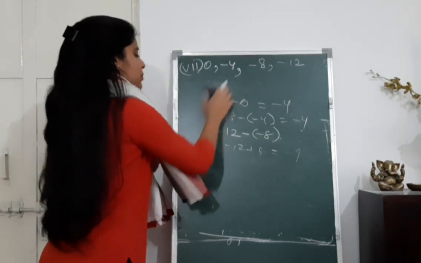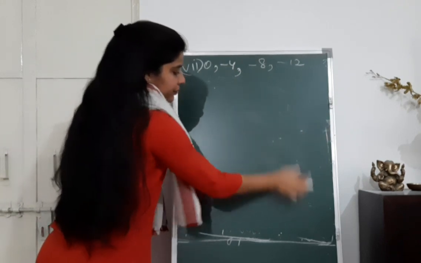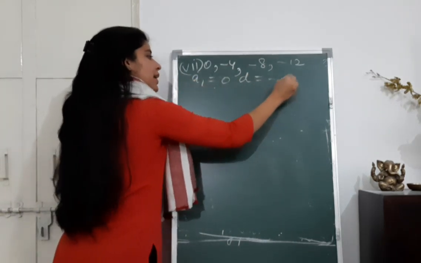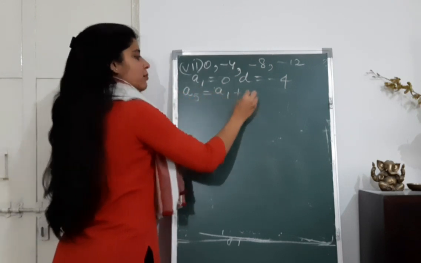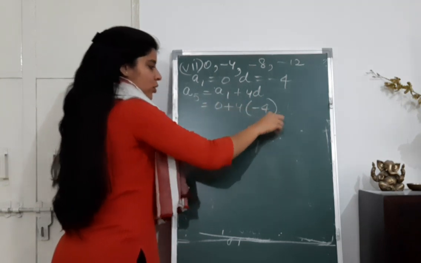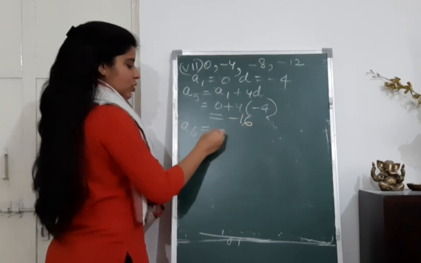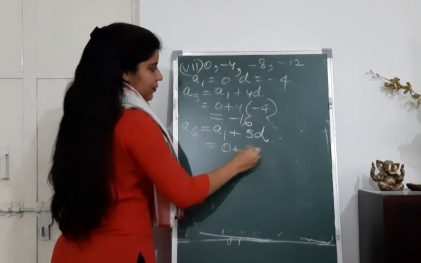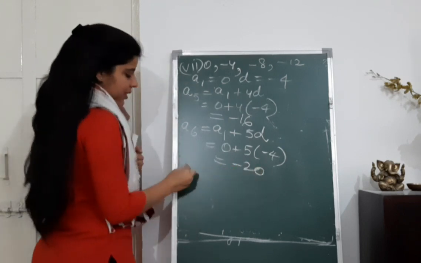Okay? So, let's find the next three terms. A1 is equals to 0, D is equals to minus 4. So, A5, A1 plus 4D, 0 plus 4 into minus 4, which is nothing but minus 16. A6 is equals to A1 plus 5D, which is nothing but 0 plus 5 into minus 4, that is minus 20.